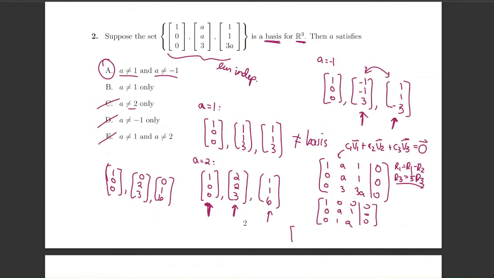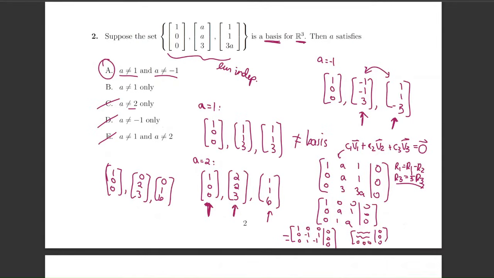For a equals -1, you would have -1, -1 here, equals 0. So you would be able to eliminate one of these rows, and this would leave you with a non-zero row up here, and then a row of zeros.